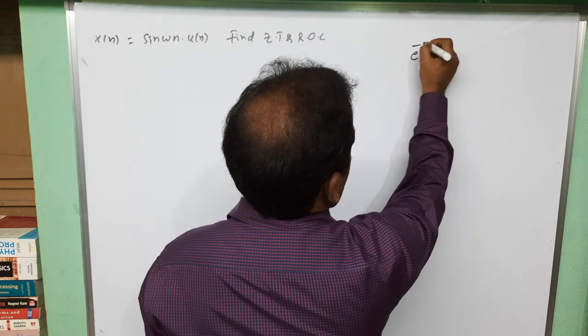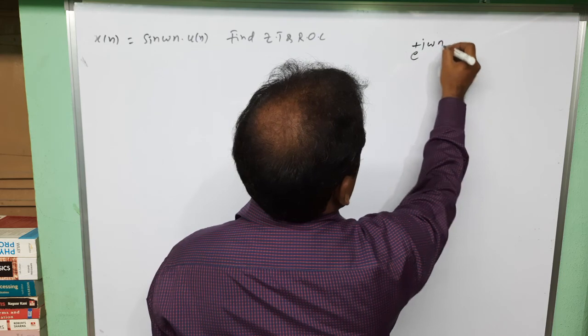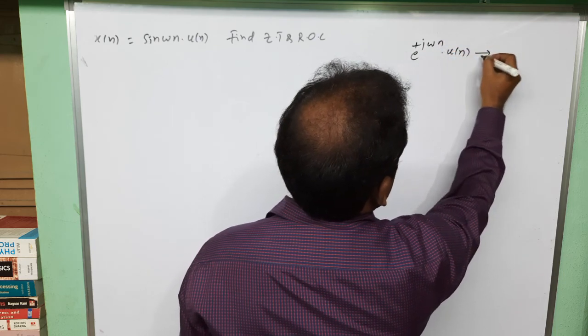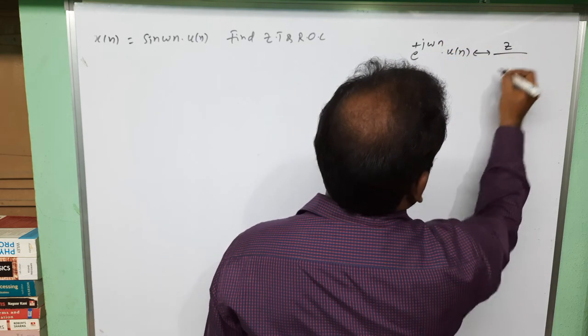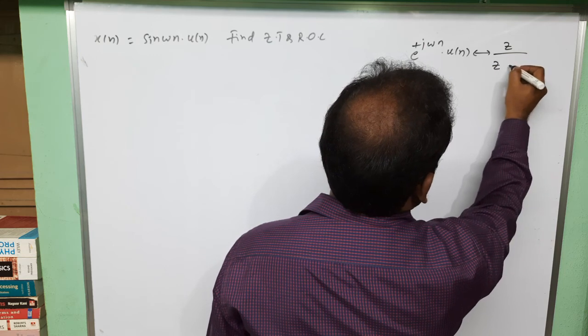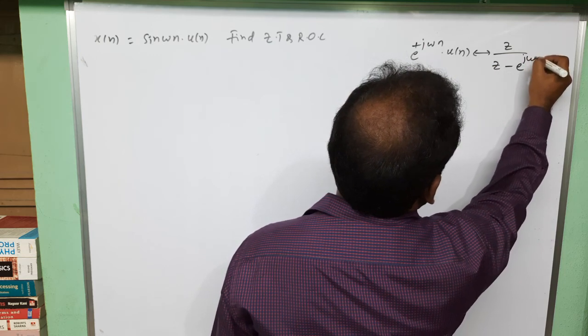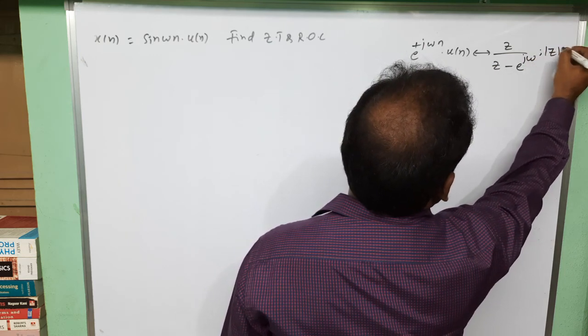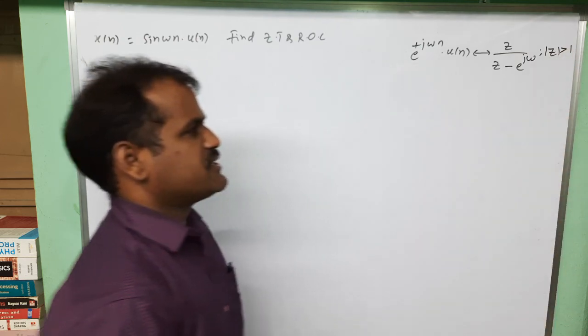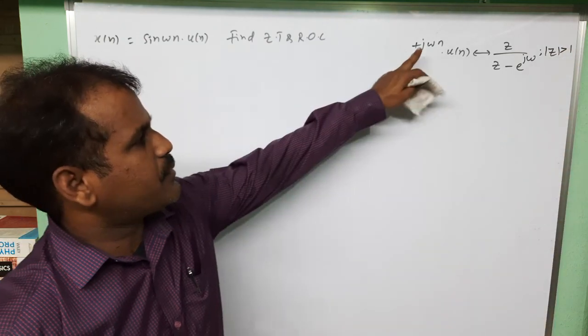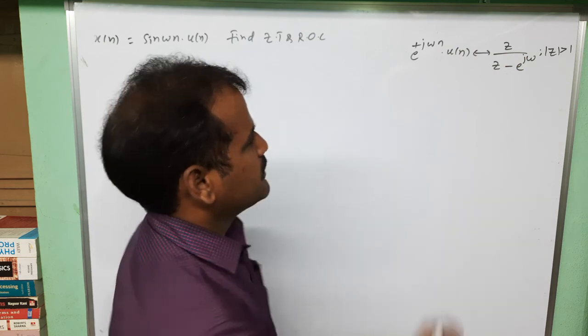e to the power of plus j omega n u of n, z transform is, we got z by z minus e to the power of plus j omega with ROC mod z greater than 1. Here plus means here plus.